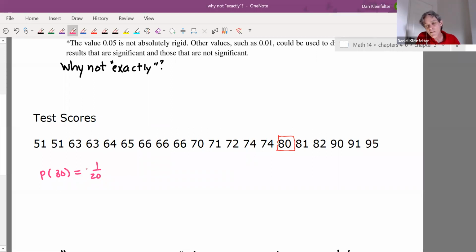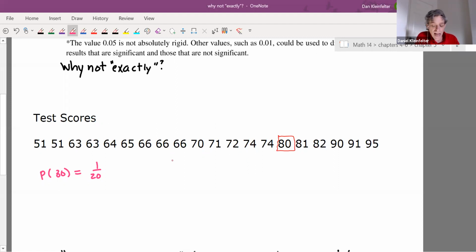Does that convey that it's significantly high? Not really, because the probability of getting an 81 or an 82 is the same, also 1/20th or 5% chance. In fact, a 72 has the exact same probability.